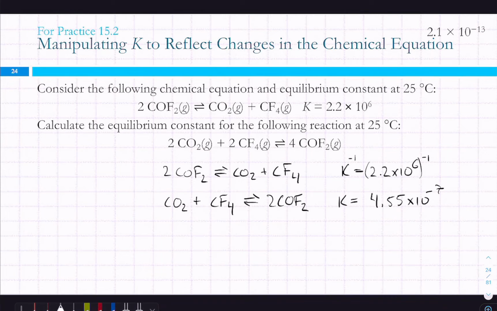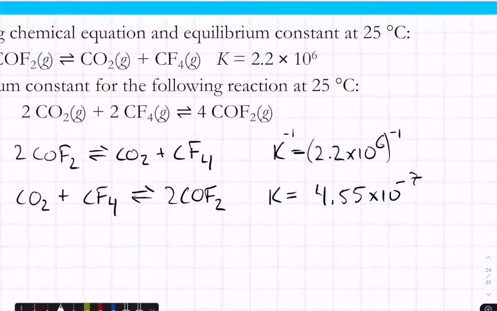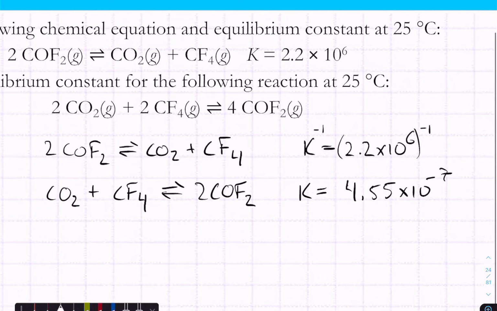So you didn't necessarily have to do it in this order. Could have done the coefficient first, but I just flipped it first. So we do, right, the K raised to the -1. And then we multiply the whole thing by 2.